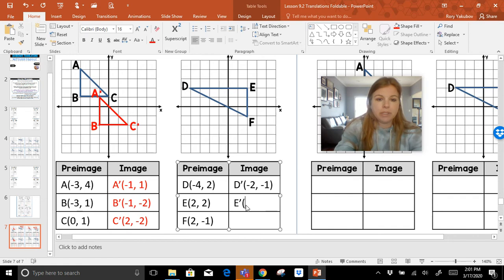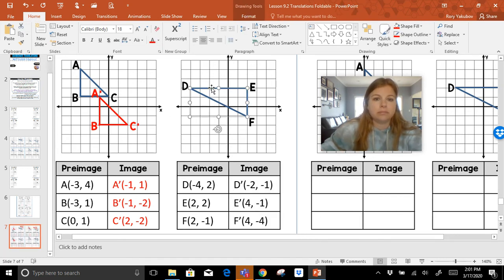E prime, add 2, subtract 3. My apologies. F prime, add 2, subtract 3. Okay, so this translation would be to add 2, subtract 3.